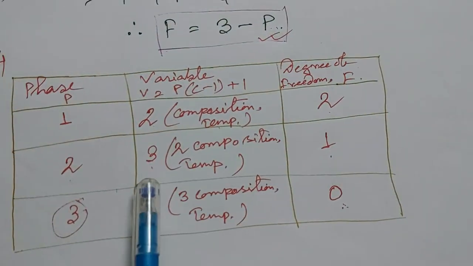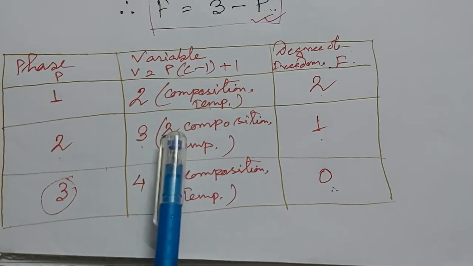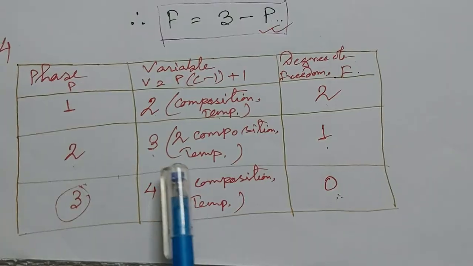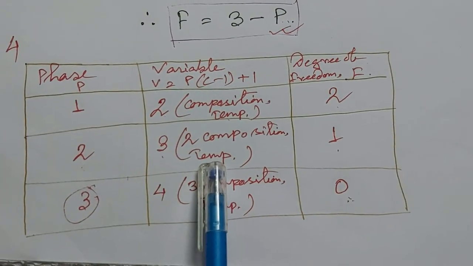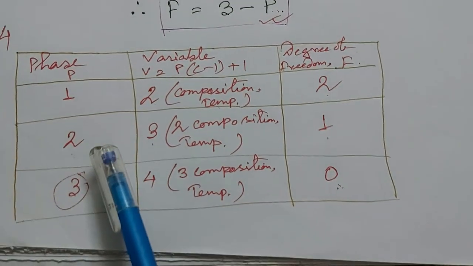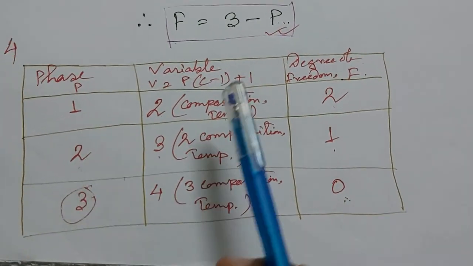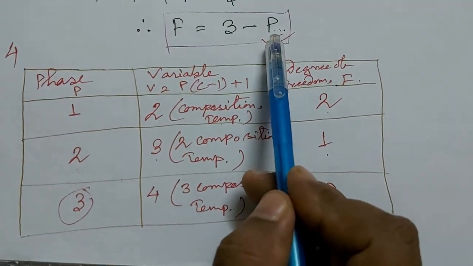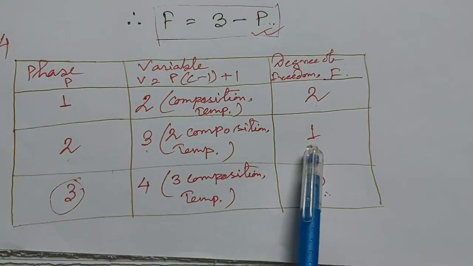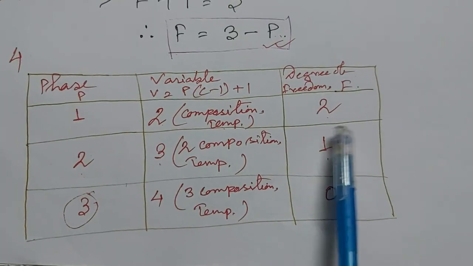What are these three variables? Two are composition variables and one is temperature variable. And by putting the value of p in this formula, we will get degree of freedom is equal to 1.